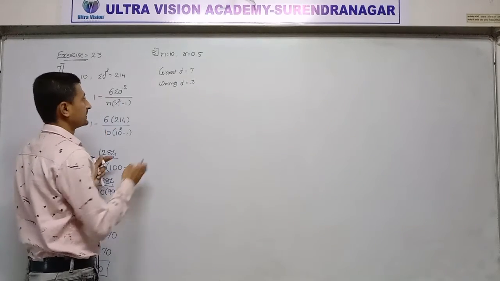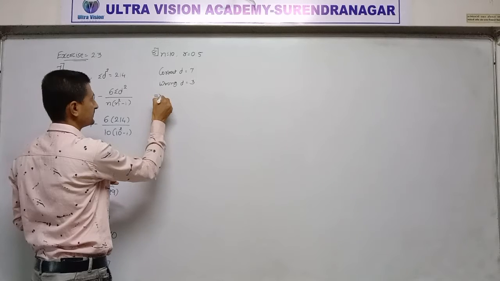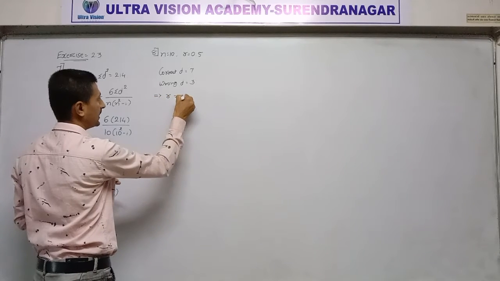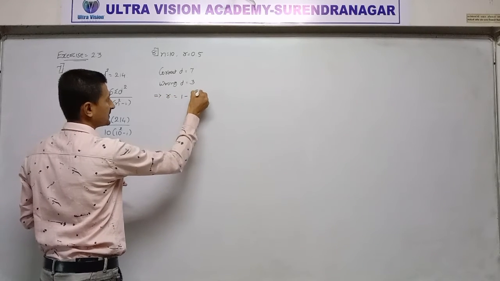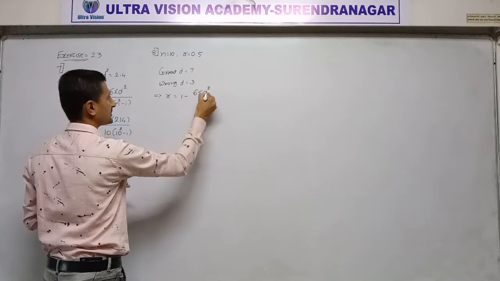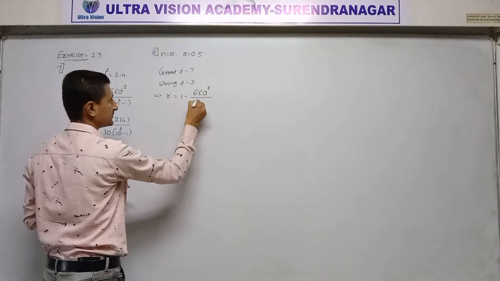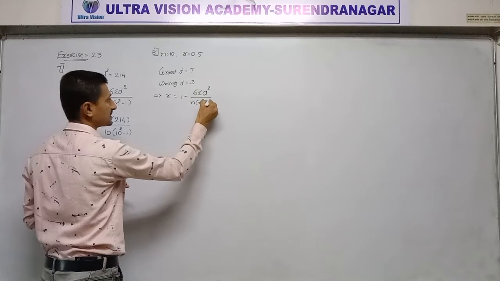So write down the formula. R is equal to 1 minus 6 into sigma d square divided by n in bracket n square minus 1.